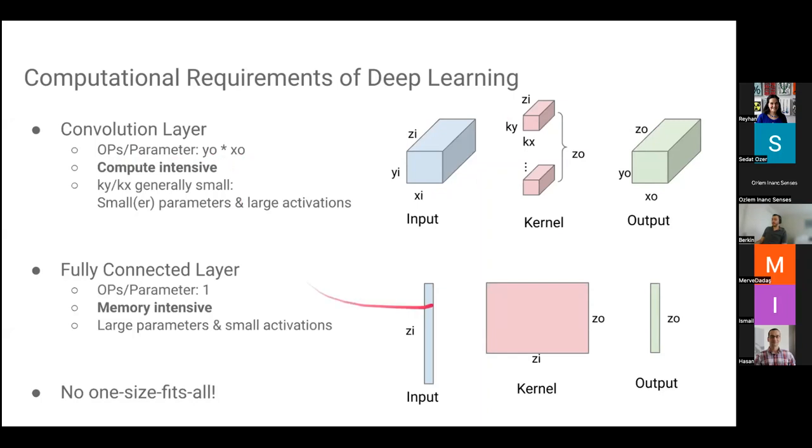And if you do the same, for example, for the fully connected layer, these are much different numbers. So this number is showing us for every parameter that we fetch, how many operations we are performing. If this number is high, that means we are tolerating that parameter fetch and it becomes compute intensive. But for this one, we are doing a single multiply accumulate for every parameter.